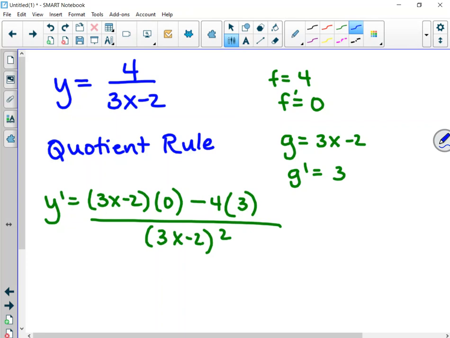Because my number in the numerator was a constant, this part becomes times a 0, which makes a big 0. So I end up with something like a negative 12.